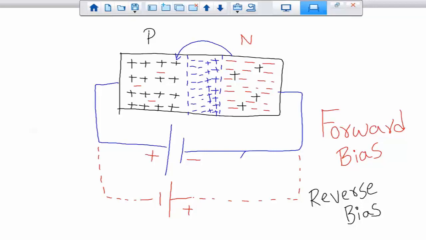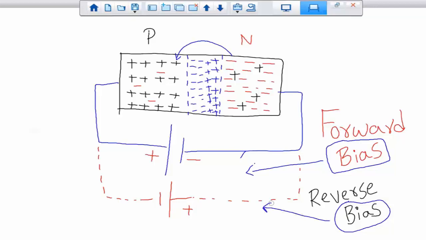But whenever you see the term bias, and you will see this quite frequently, whenever you see the term biasing or bias, that means application of DC voltage to make a device work properly.